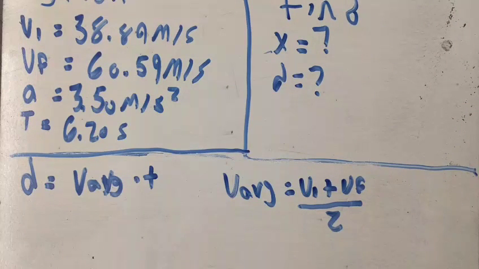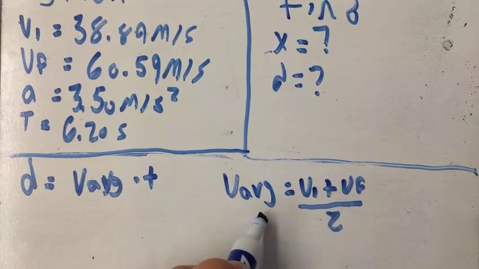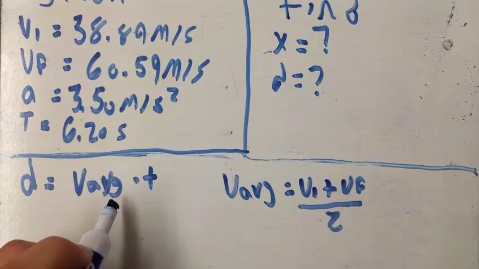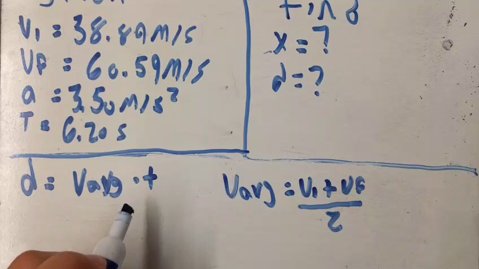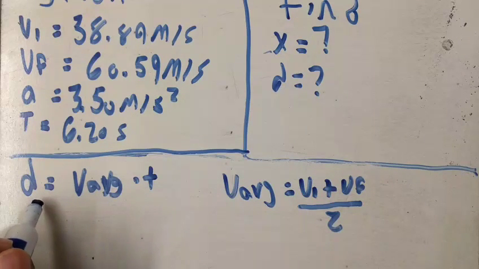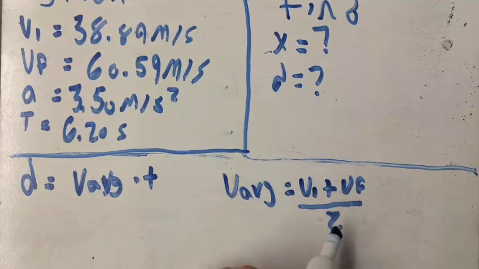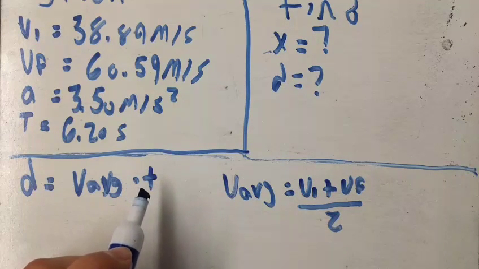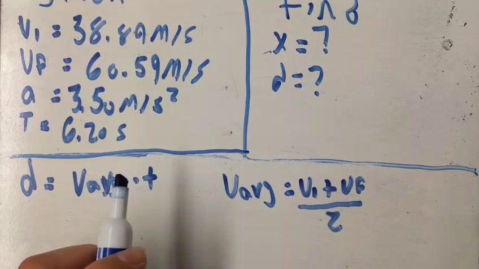So as you can see here, we have velocity average is equal to this. And then we have d is equal to velocity average times time. So if you think about it, d is equal to this because this is equal to velocity average times time. So that's all our derivation is going to be.